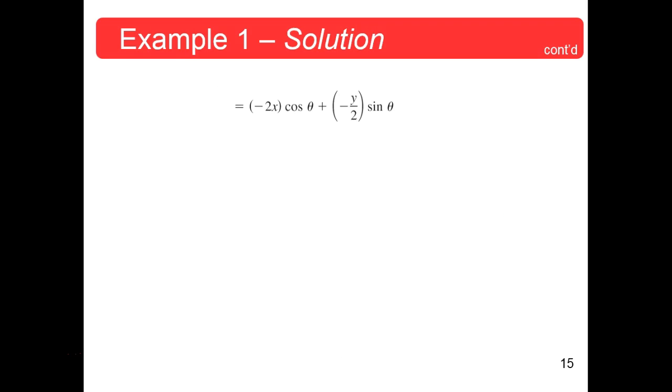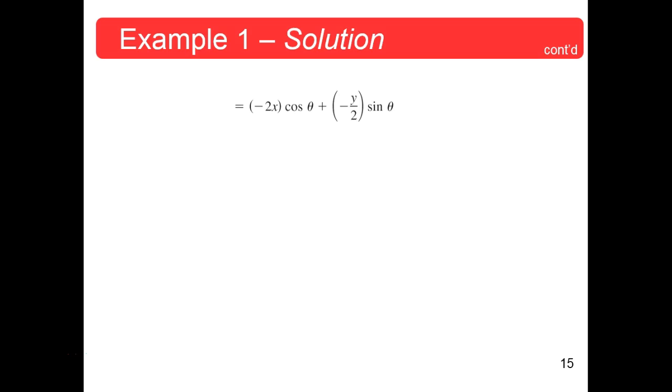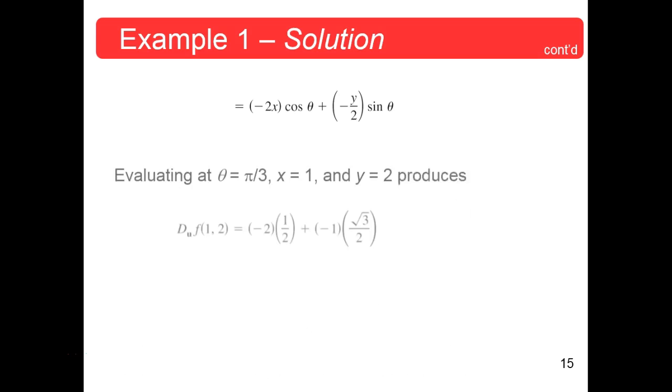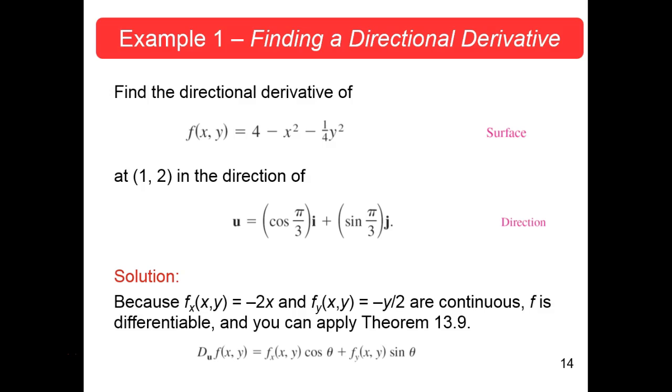Plugging that in, your f sub x is minus 2x times cosine theta, plus minus y over 2 times sine theta. Evaluating this at theta equal pi thirds, x equal 1, and y equal 2, which is what they gave you back here, there's 1, 2, and there's your angle.